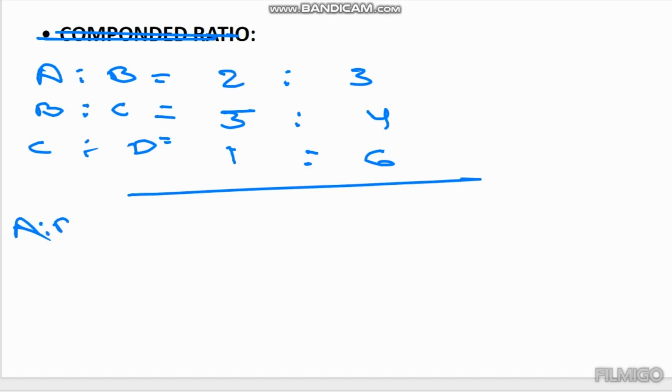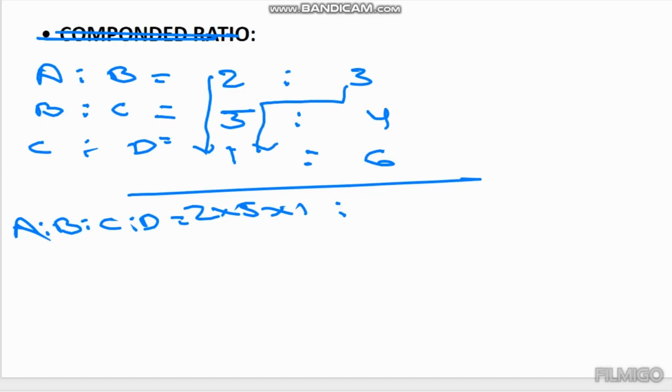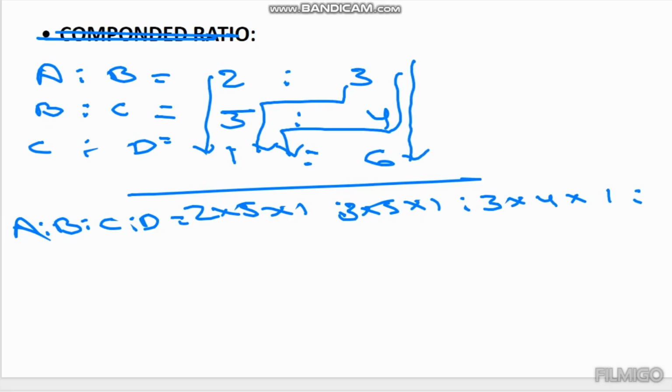So here the ratio of A is to B is to C is to D can be written as 2 into 5 into 1 is to 3 into 5 into 1 is to 3 into 4 into 1 is to 3 into 4 into 6, which means 10 is to 15 is to 12 is to 72.